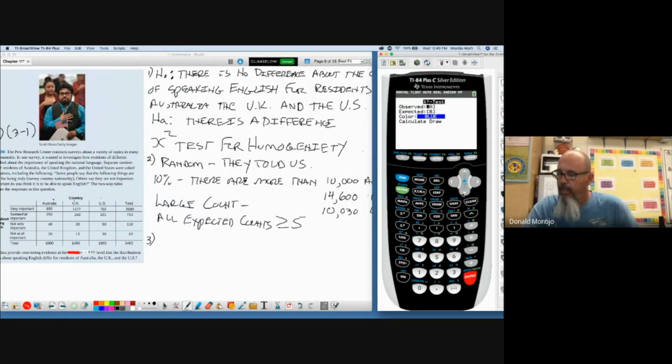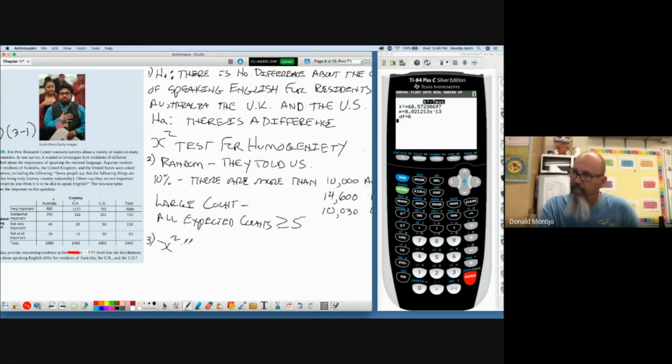All right, and then calculate. And I have chi-squared test statistic equals 68.57. My p-value is 8.02 times 10 to the negative 13th. And I have 6 degrees of freedom.